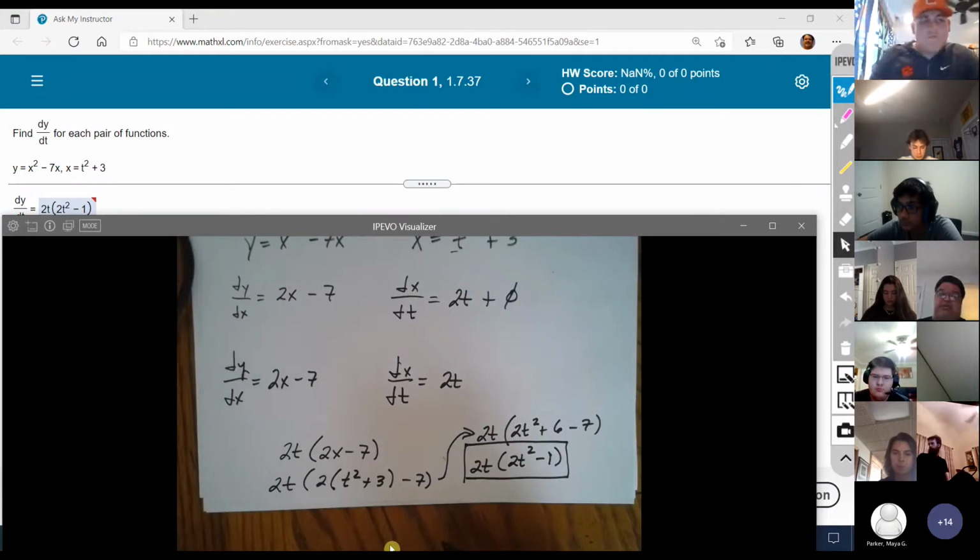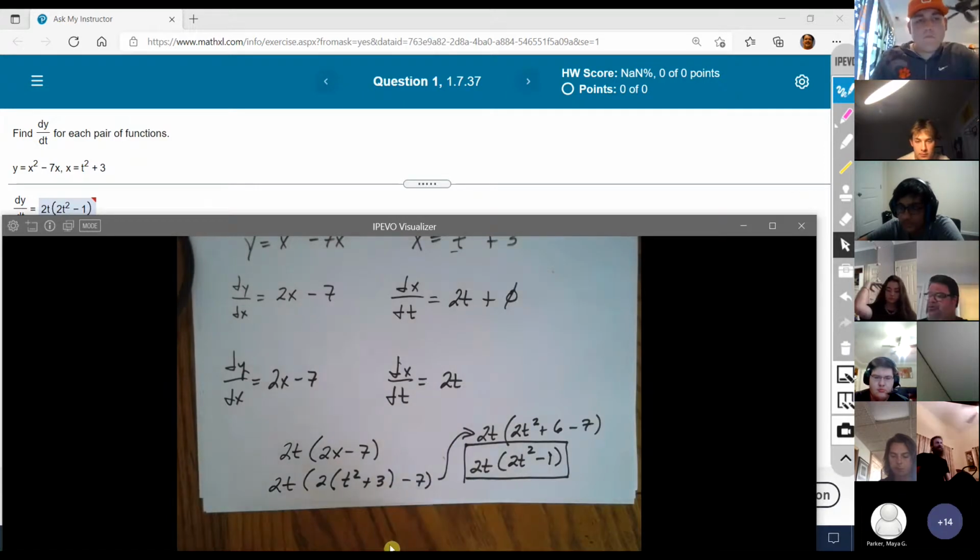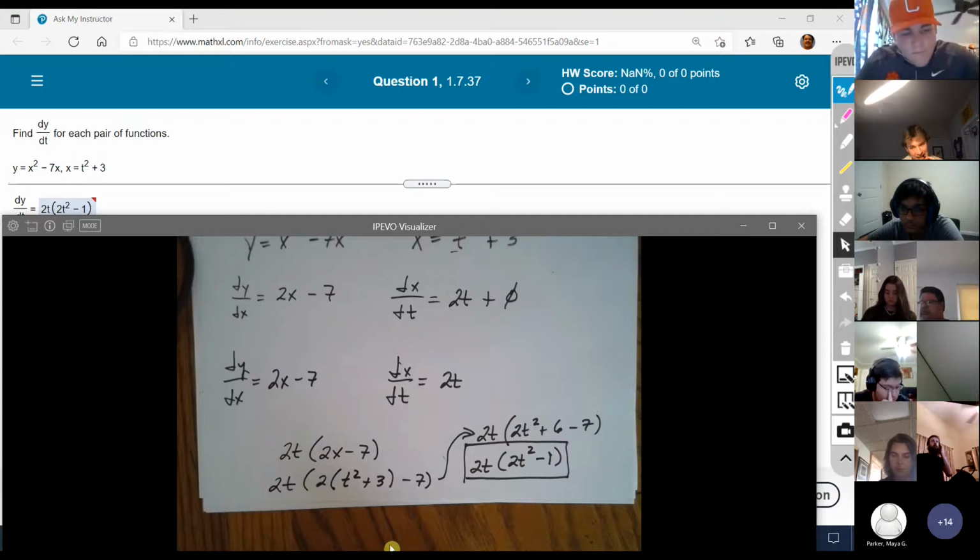This is not a test question because I have no idea where they even come up with this problem. There's no chain rule here. The only thing they're doing is getting everything in terms of one variable. But they're not telling you that.